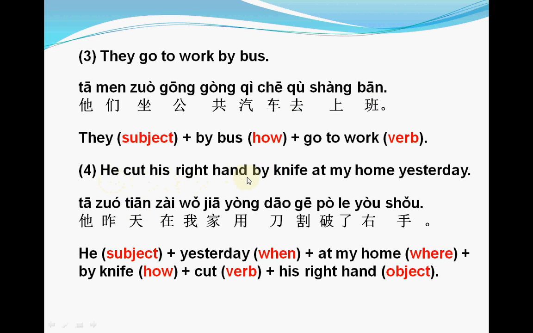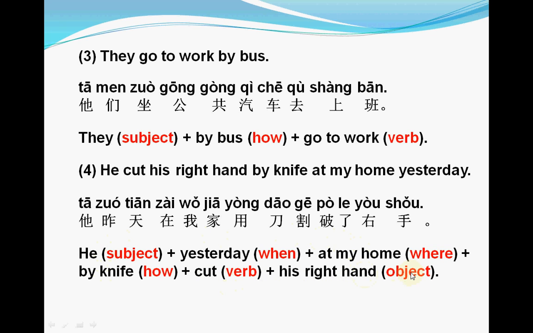Okay, let's see another example. He cut his right hand with a knife at my home yesterday. Okay, let's use the sentence structure. He is subject, followed by when, yesterday, followed by where, at my home, followed by how, by knife, followed by verb, cut, followed by object, his right hand. So: he yesterday at my home by knife cut his right hand.